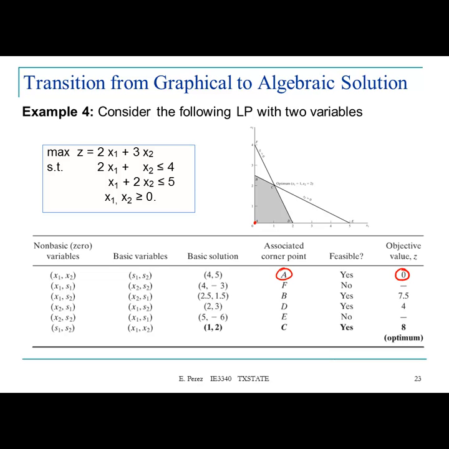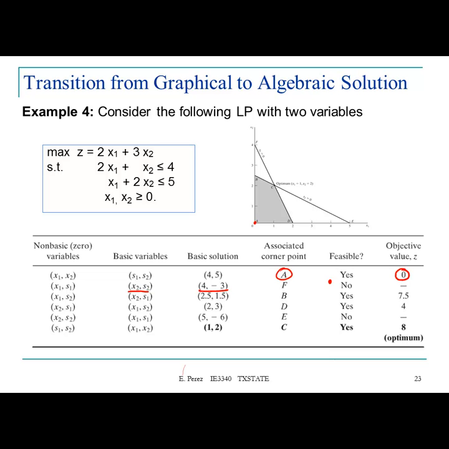Now when we let two of the non-basic variables be equal to 0, then our basic variables are x2 and S2, and the values for those variables are 4 and minus 3. That point is going to be located somewhere here. Is that part of your feasible region? So I plug that value in here.